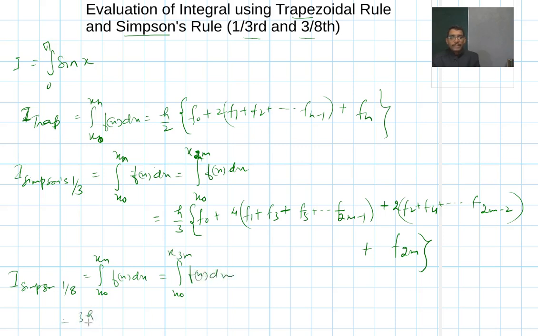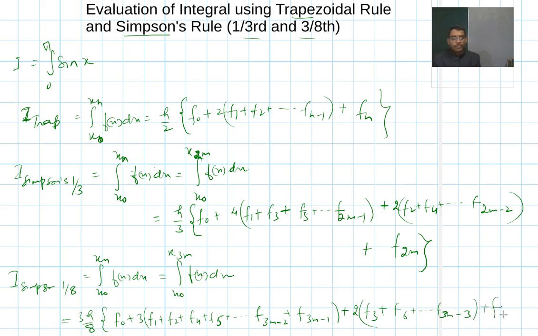It can be written as 3h by 8 times f naught plus 3 times f1 plus f2 plus f4 plus f5 and so on up to f of 3m minus 2 plus f of 3m minus 1, plus twice of f3, f6 up to f of 3m minus 3, and plus f of 3m.